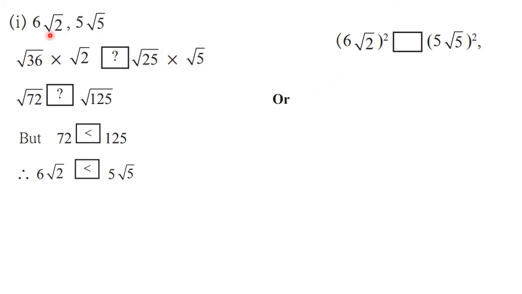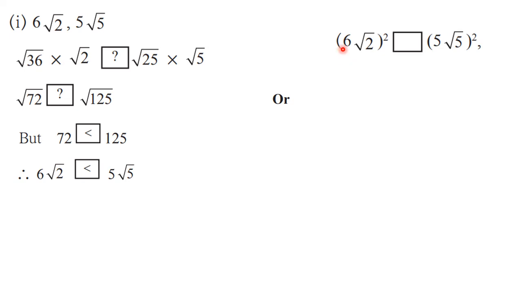So the left hand side here is taken as 6 root 2, the whole square, and in between an empty box is written so that we can compare it. And on the right hand side of that box the other surd is written, that is 5 root 5, and you have to square it. Don't forget to write it in brackets. If you are not writing in brackets, then the meaning changes. Here we are squaring both the parts, rational as well as irrational.